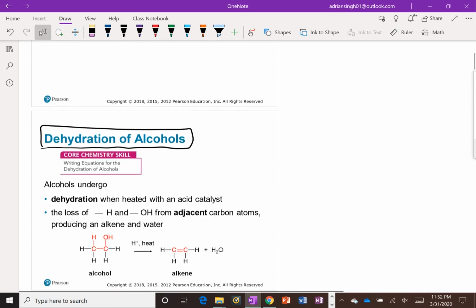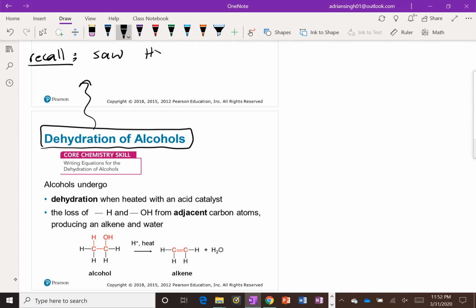So if you recall, we talked about a reaction that sounded similar to dehydration, which was hydration reactions before, and specifically we saw the hydration of alkenes back in chapter 11, right?